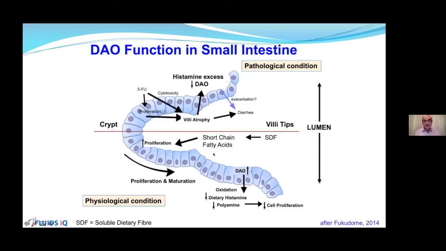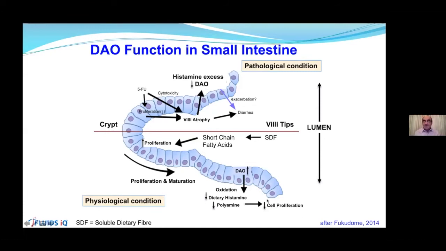So normally, in a physiological condition, DAO is produced by cells in the crypts. They proliferate, and cells are always moving from the crypt up to the tip of the mountain of cells. And as they're maturing and proliferating, you're getting more and more DAO. At the same time, it is able to tell these cells what is going on with the various types of nutrients that are coming in, especially the short chain fatty acids.